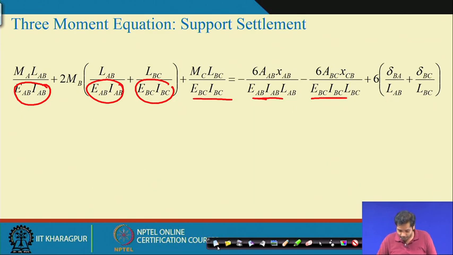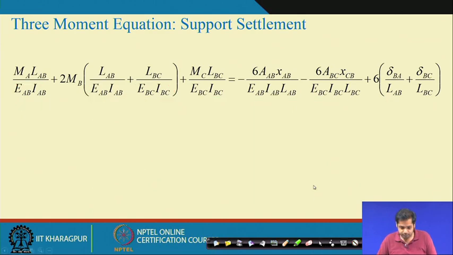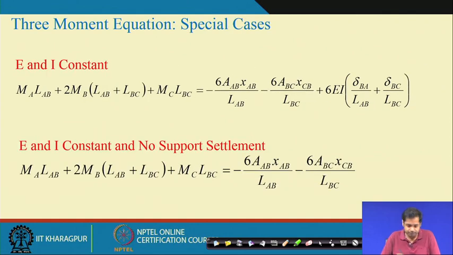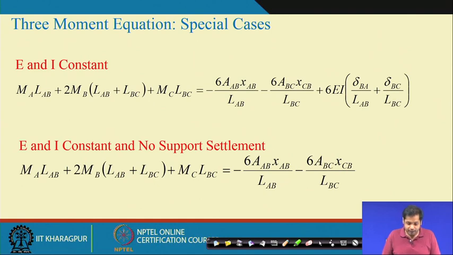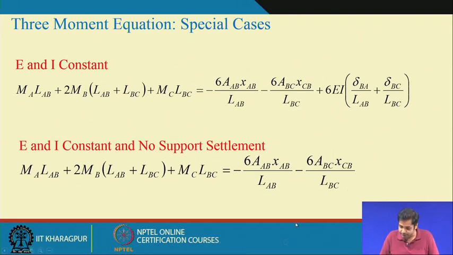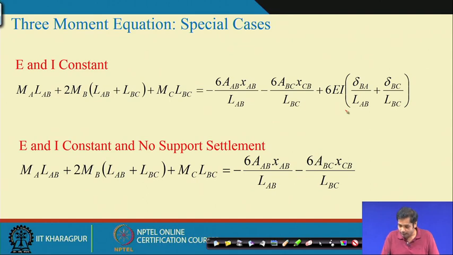If we do that, then this is the expression we have. Now, in addition, if EI is constant but there is no support settlement, then this part can be made 0, and the equation becomes this.